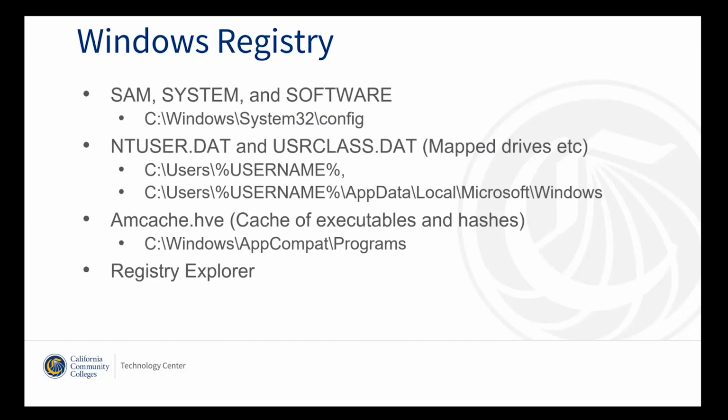Also the AmCache, which lists all the executables on the system and their hashes, and is a good way to ferret out malware or malicious files on the system. And then of course Registry Explorer, so you can hunt through stuff.